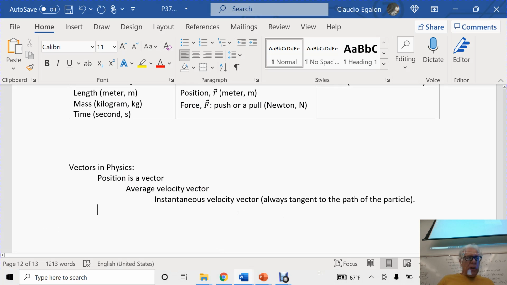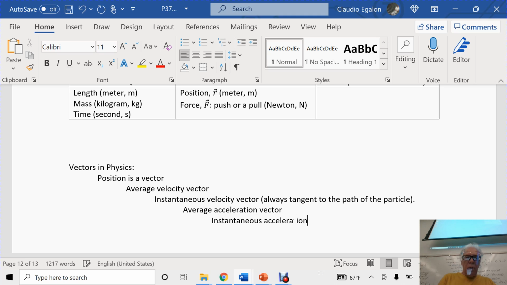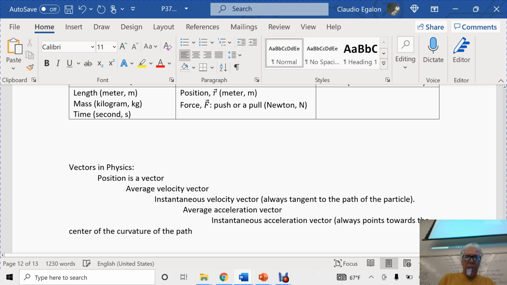Average acceleration vector, and then we have the instantaneous acceleration vector, which always points towards the center of curvature of the path.